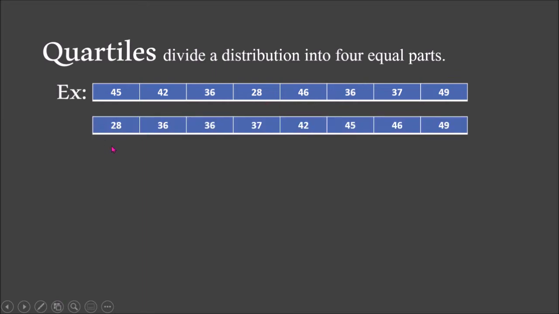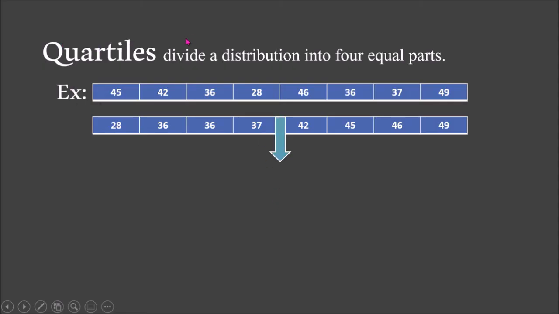From the smallest value: 28, 36, 36, 37, 42, 45, 46, and 49. In this case we have 1, 2, 3, 4, 5, 6, 7, 8. We have 8 data samples.